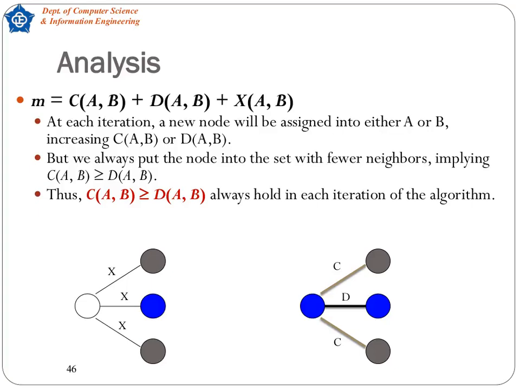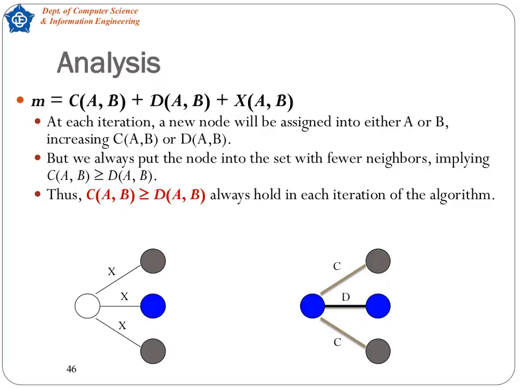So, as a direct consequence of this strategic assignment, the inequality CAB greater than or equal to DAB becomes a truly fundamental property that consistently holds true throughout every single step of our algorithm. It's a cornerstone of its effectiveness.